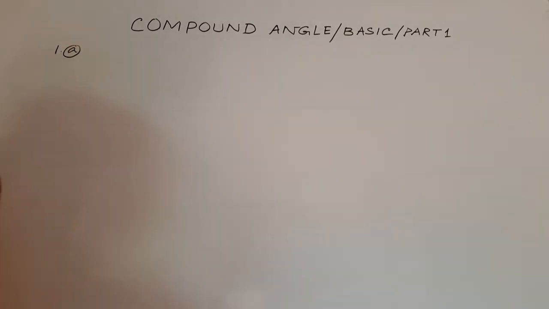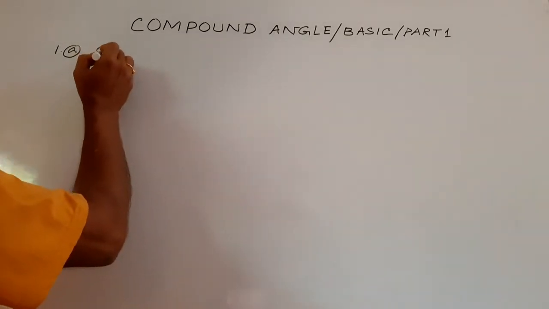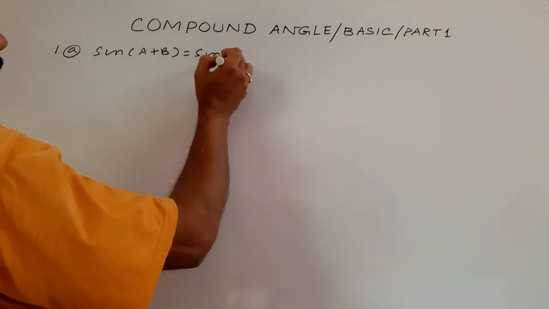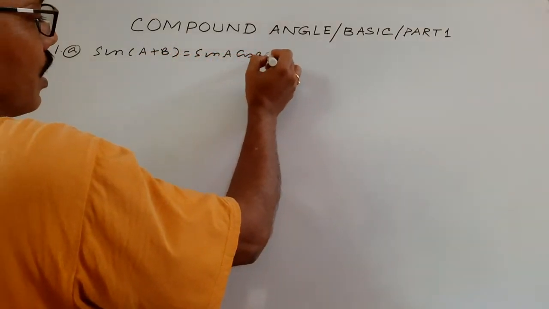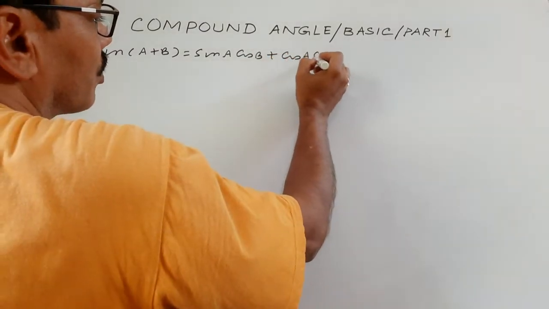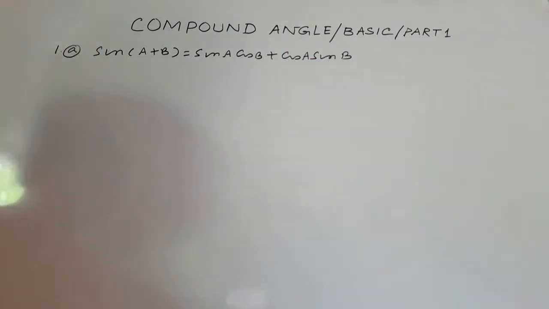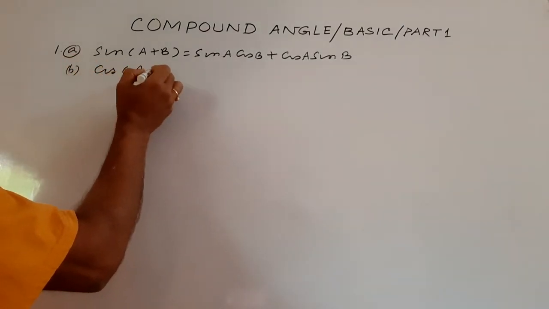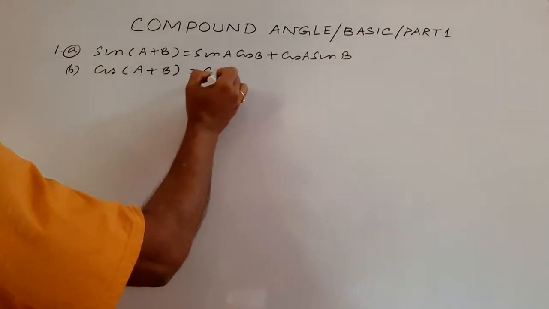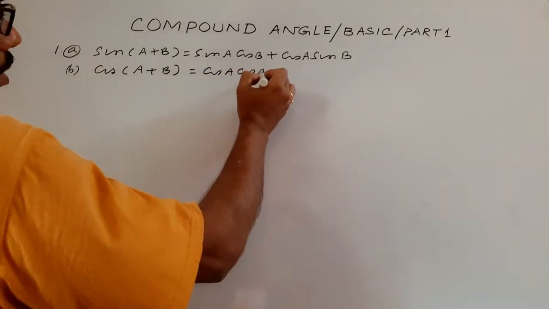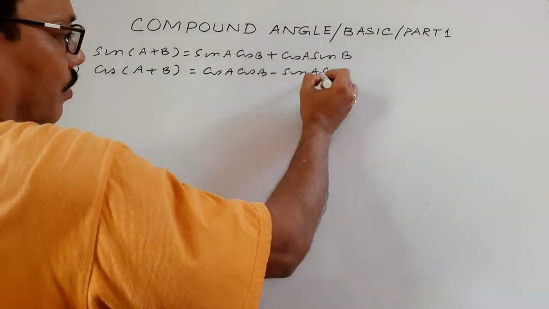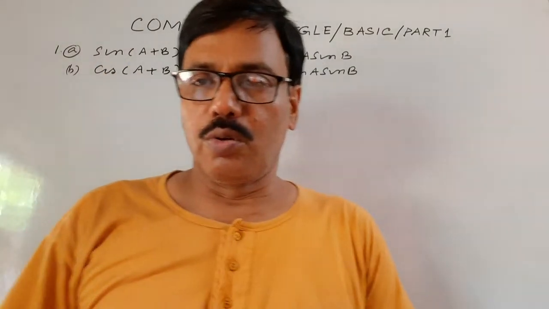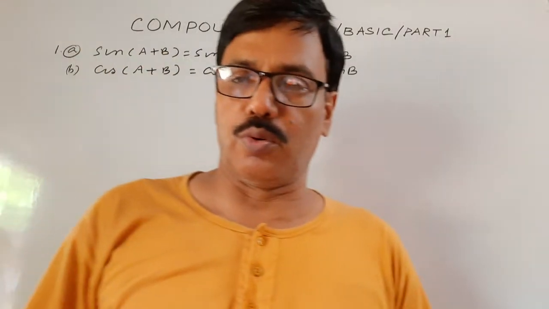sin A plus B equals sin A cos B plus cos A sin B, not sin A plus sin B. So cos A plus B equals cos A cos B minus sin A sin B. We are not interested in the proof.